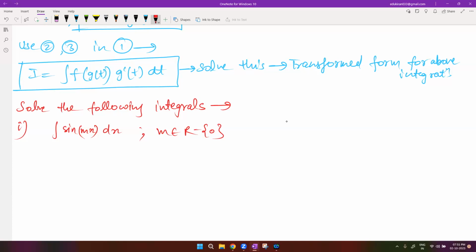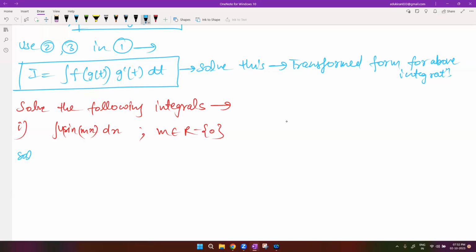We know if this has been multiplied with 4, there is no problem. In that case, we would just take 4 outside and integrate, which is easy. But if your x is multiplied with a constant, then that is a problem. Sin mx will be dealt with differently. Now, how to deal with it, understand it.